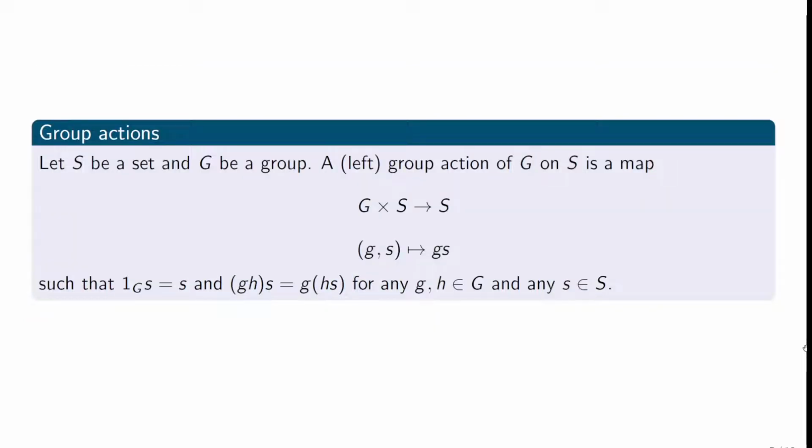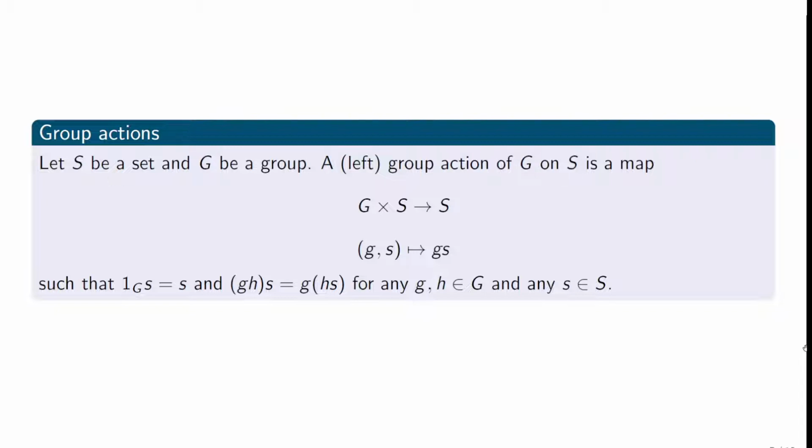That means that this ring is not Noetherian by definition. Let's continue. We need to know what group actions are. Let's say we have a set S and a group G. A left group action of G on S is a map that sends a pair, an element from G and an element from S, to an element of S. Essentially, we are sending elements of S to elements of S by treating the elements of G as functions.